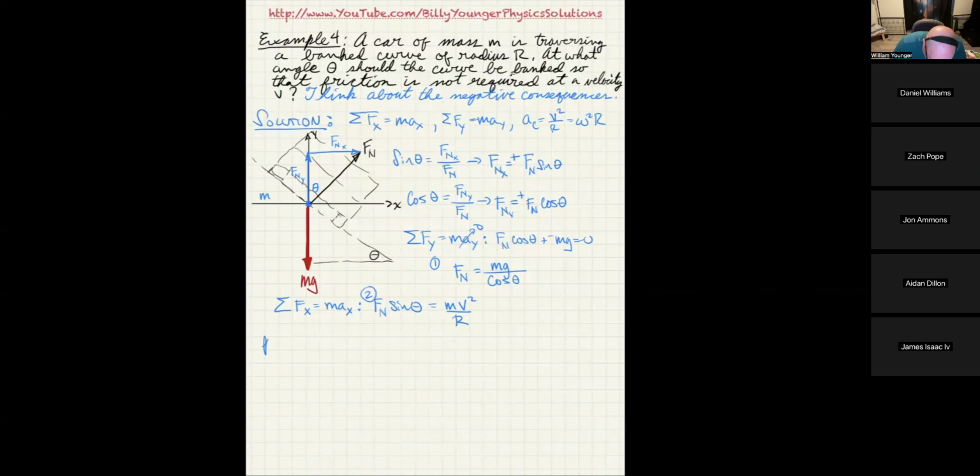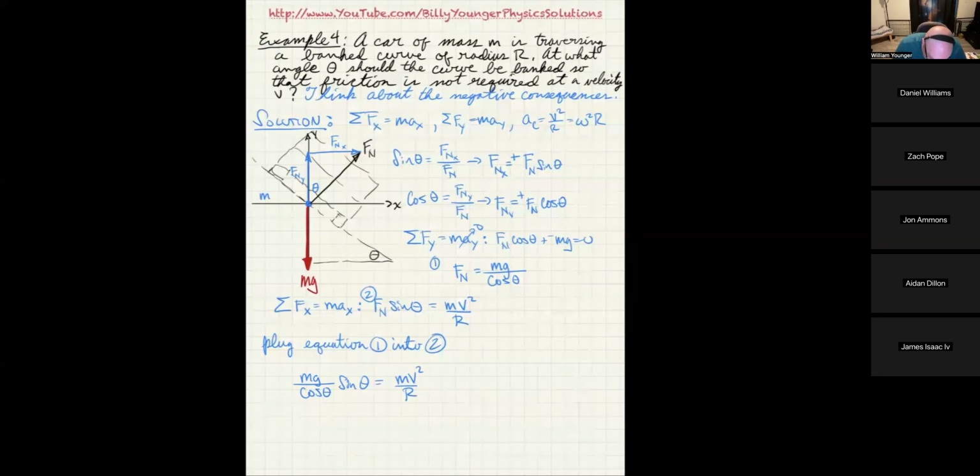So now I'm going to plug equation 1 into 2. In doing that, what I get is mg over cosine theta times the sine of theta is equal to mv squared over r.